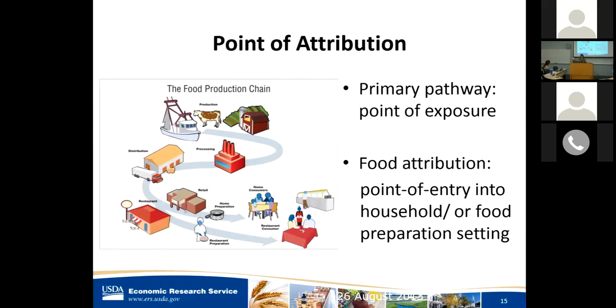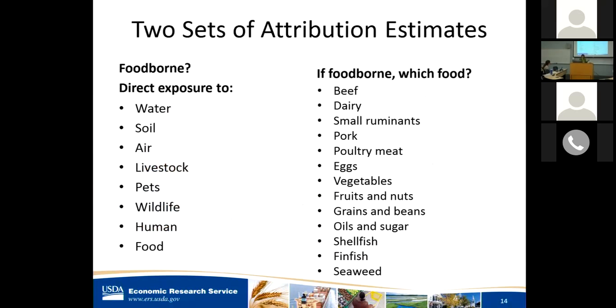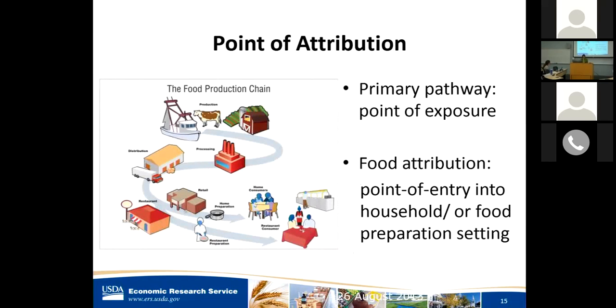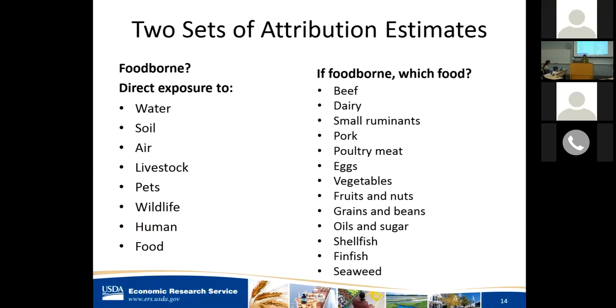To what point of exposure, and how are you going to define exposure? For the primary exposure pathways, so that's is it water, soil, food? We defined the point of exposure as being the point when you came into contact with the disease agent.